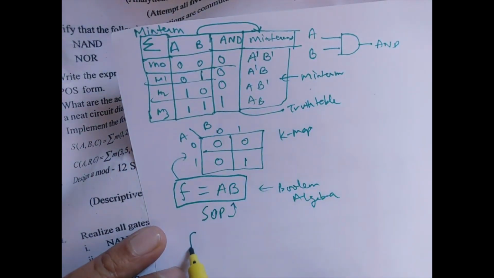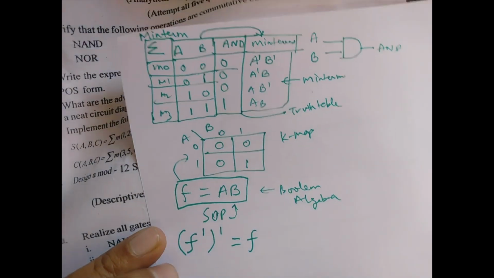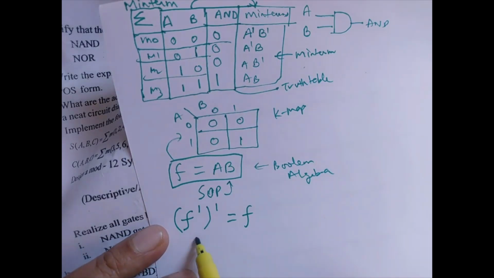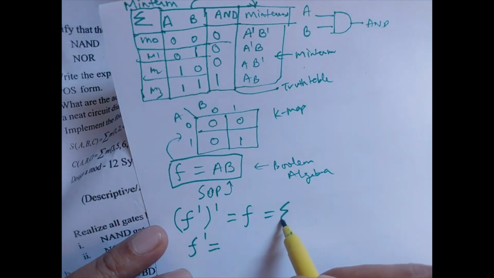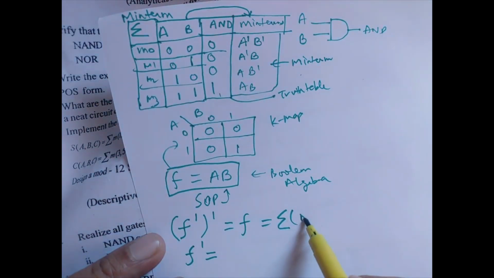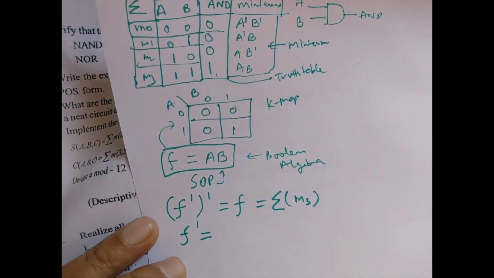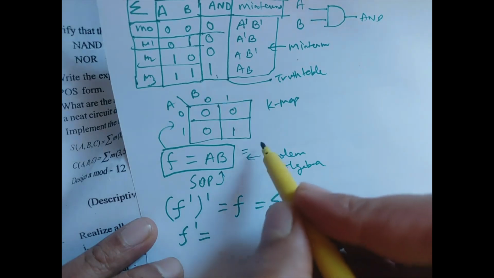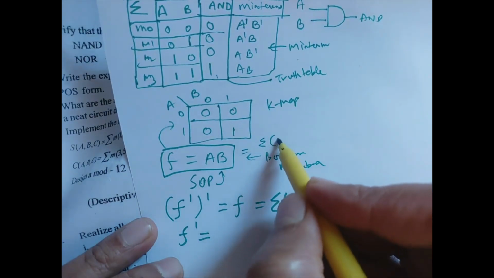Now what is the complement of a function, and then again the complement of a function? It is equal to f. Let us start writing this. So f is what? Which minterm is f? It is m3. So we can write the same function as a minterm also.